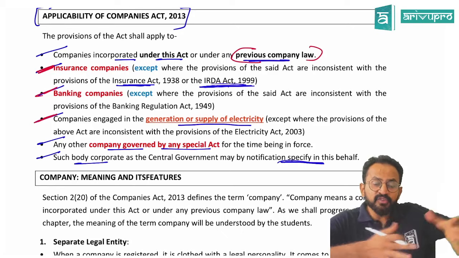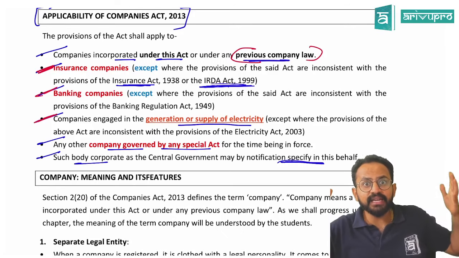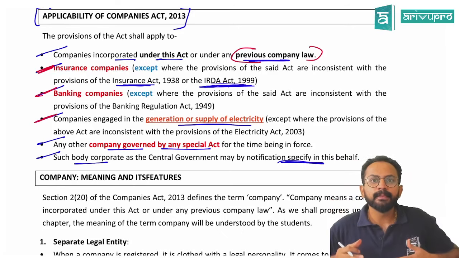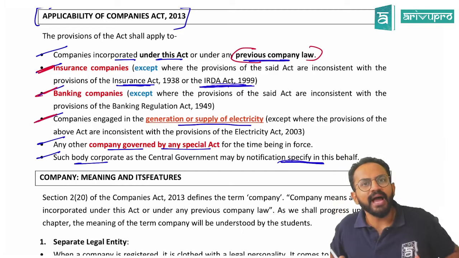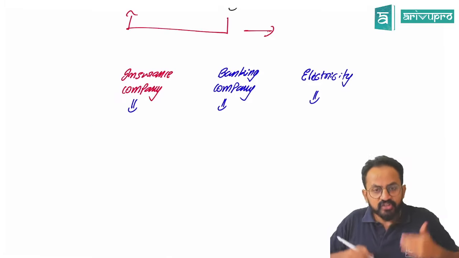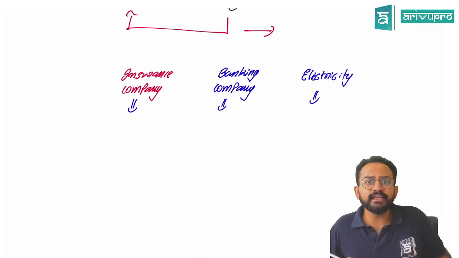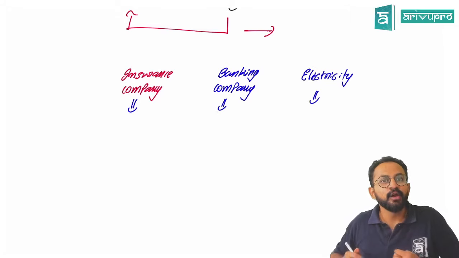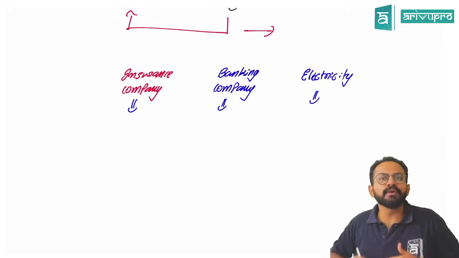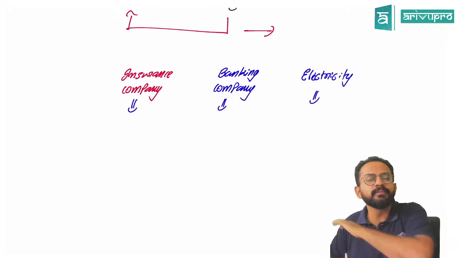That itself is an ocean. So for them, they need a person to govern them, so there is a specific law. For banking companies, there is a specific law, the Banking Regulation Act, and RBI governs the banks. In the same way, electricity companies also have a special law for them.